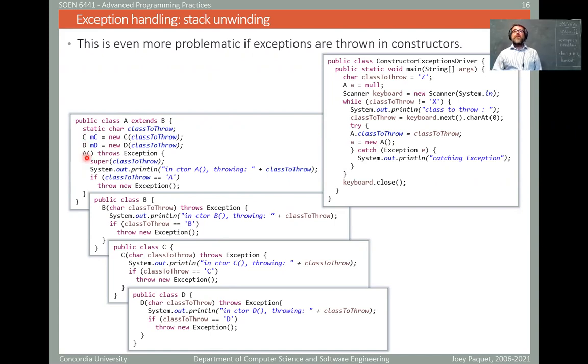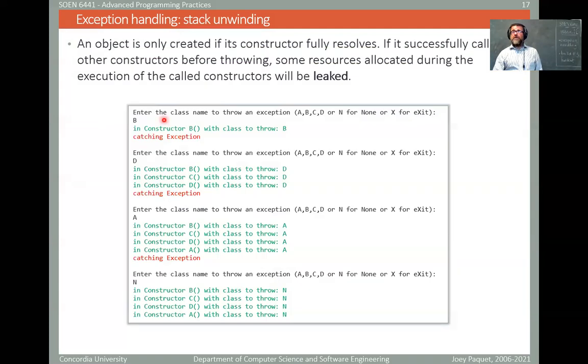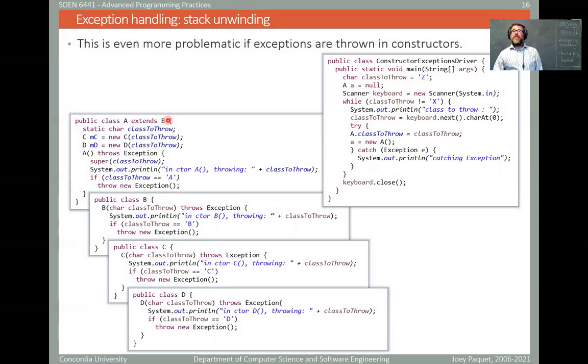So if you want to create an object of type A, first it's going to call the constructor of the superclass of A. Then it's going to create the B part of this object A, because if A extends B, that means A has a part that is a B part. So first thing that happens is the runtime system is going to create this B part.